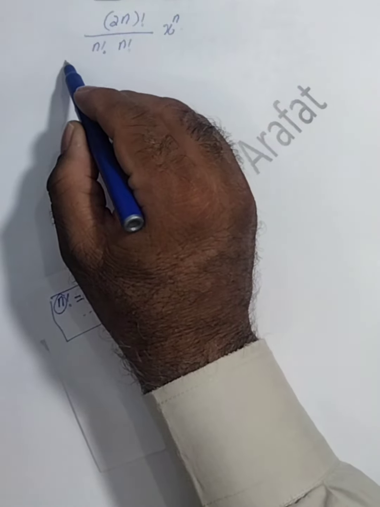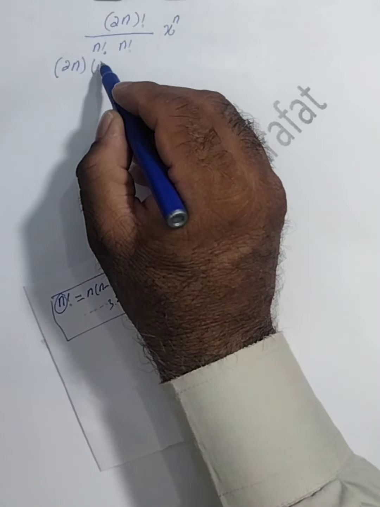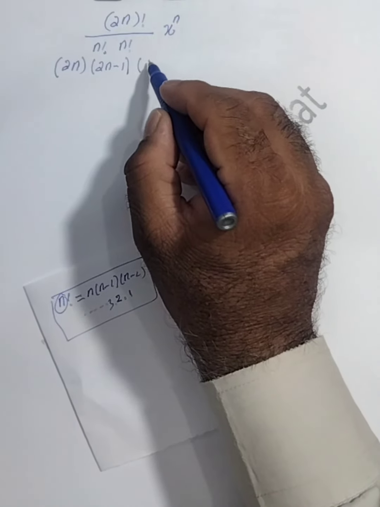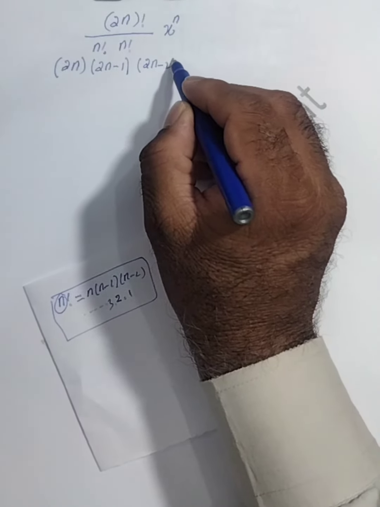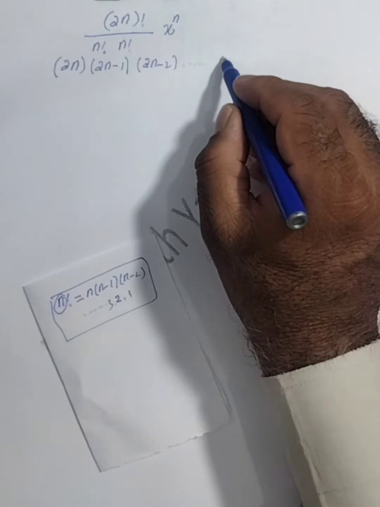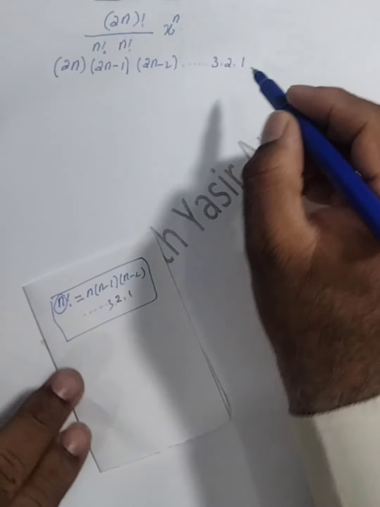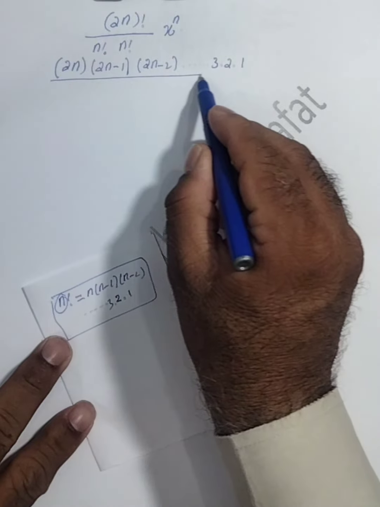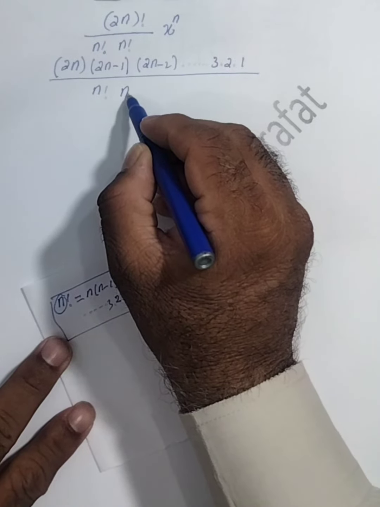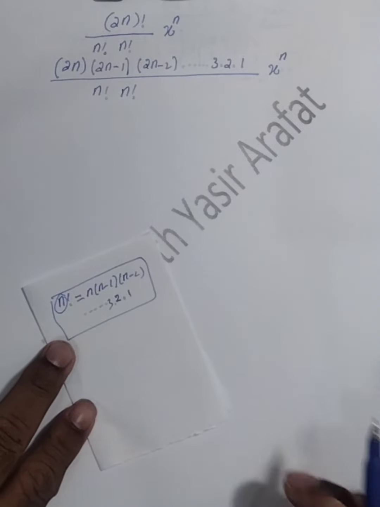So that will be 2n, then 2n minus 1, 2n minus 2, and so on. Third last term 3, second last 2, and the last one is 1. This is the procedure to expand the 2n factorial here. And this is x power n.